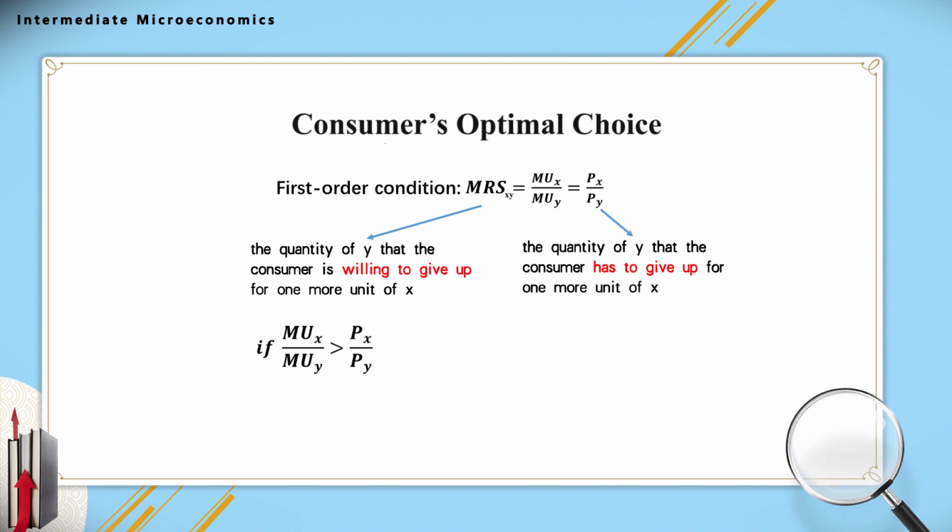So, buying more X can increase the utility level. The consumer's utility hasn't been maximized.